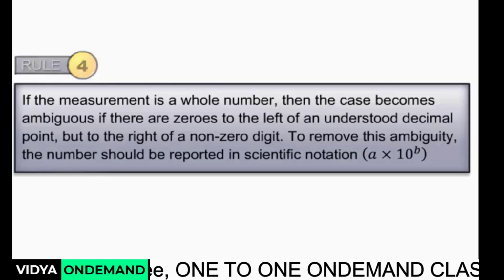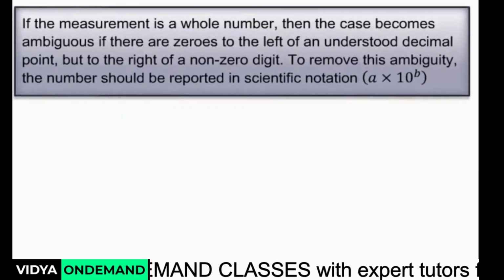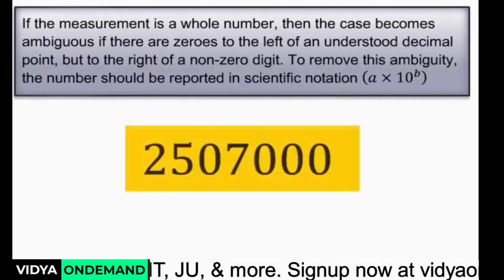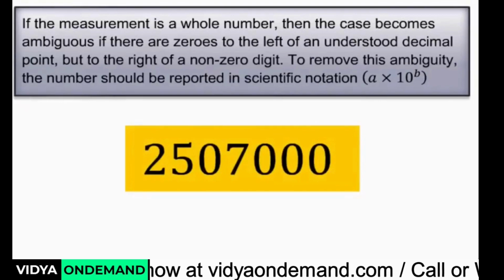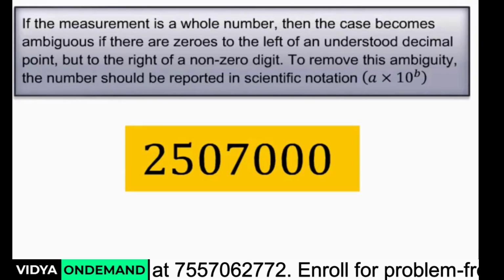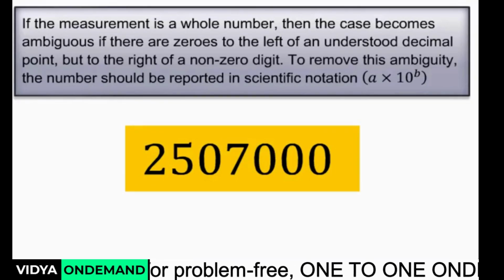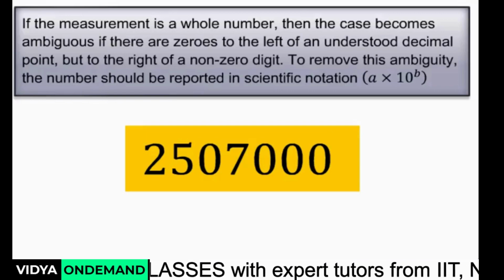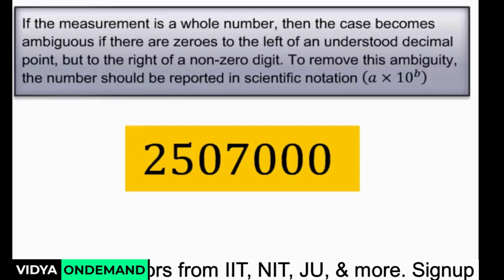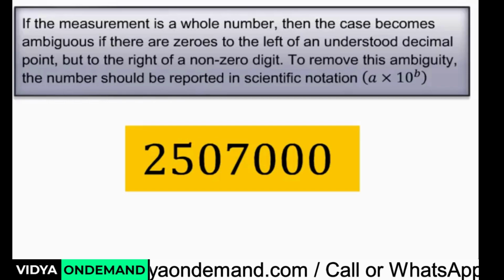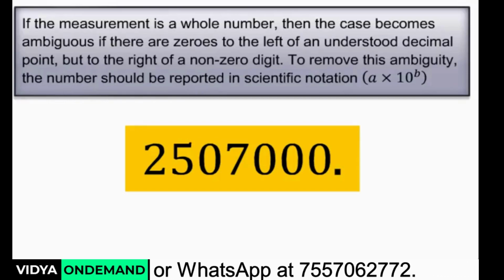For example, let's take a number 2507000. This is a whole number. According to rule number 1, there are 7 significant digits in this number. However, in this number, there is an understood decimal point, which is usually not written.